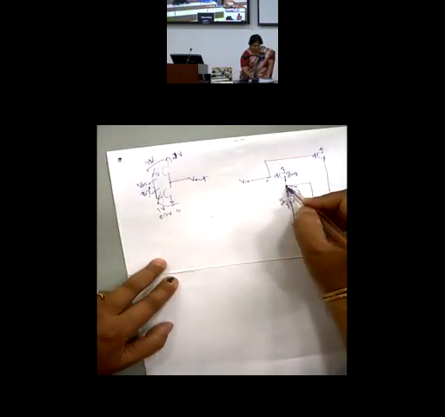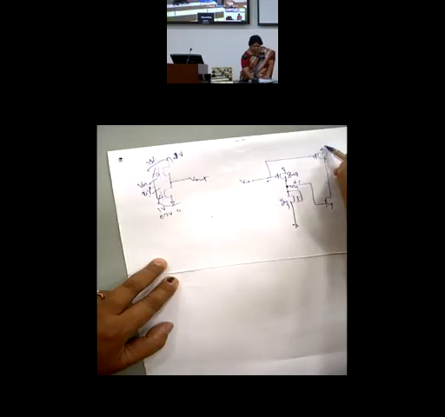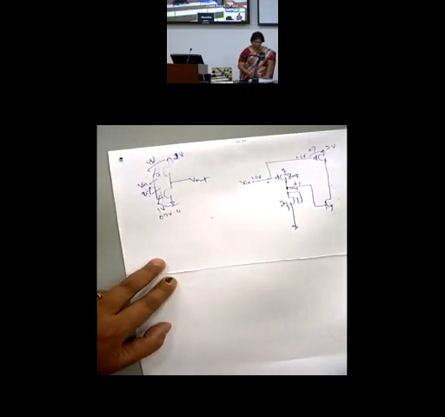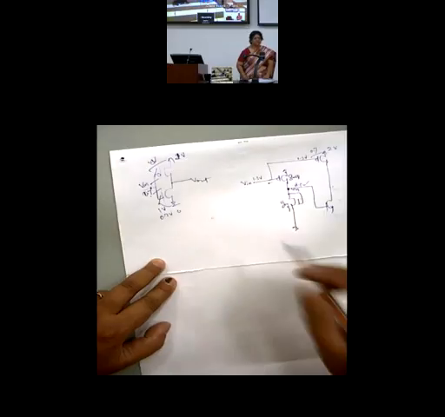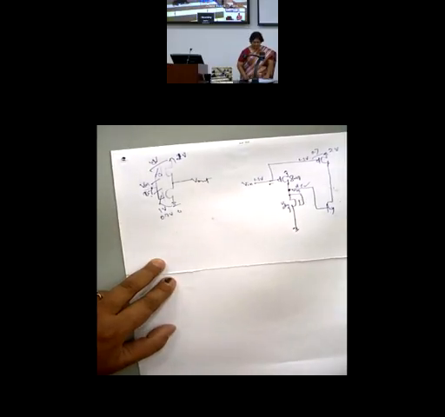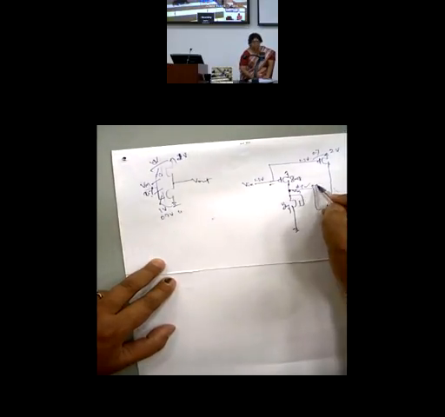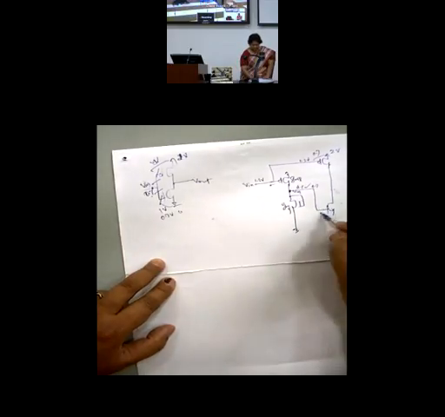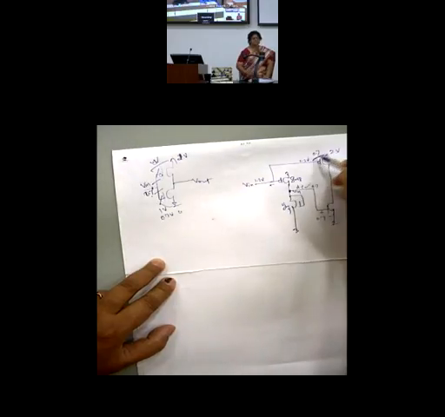I can choose a DC at this node. This is 2 volts. I can have 0.7 here, and I can set this at 1.3. This can have a DC of 1.3. But then I can choose a DC here independently. I can choose this to be 0.7. It's up to me. So now this will have a DC of 0.7 and this will have a DC of 0.7.